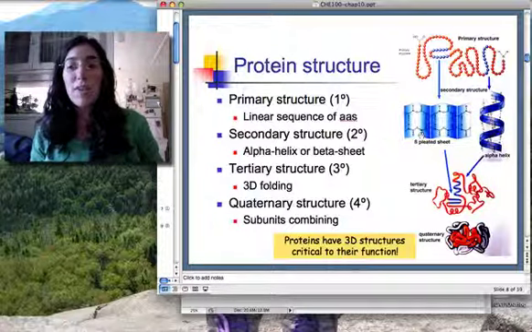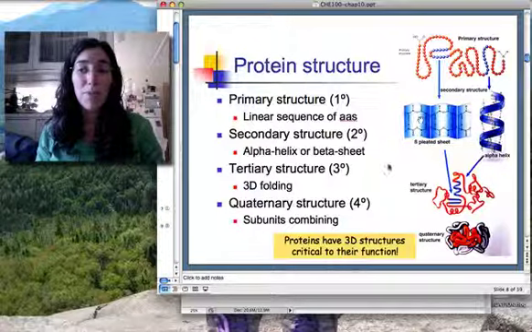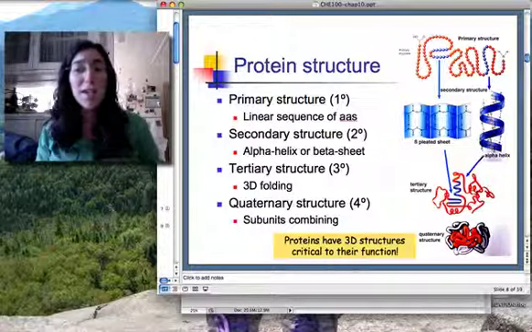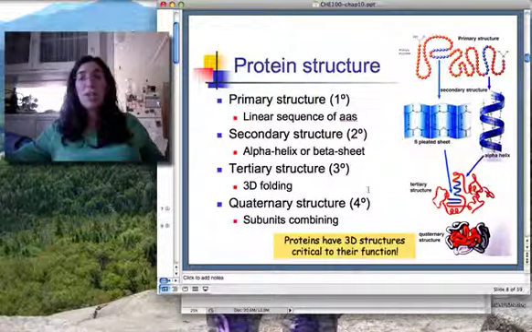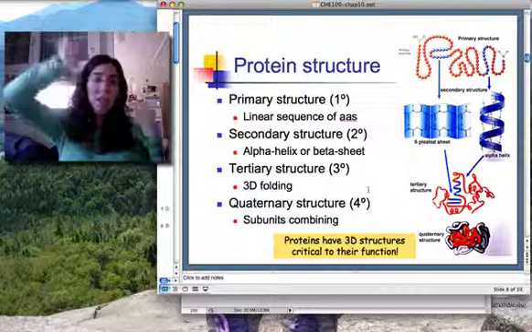So those are the two different types of secondary structure, alpha helix or beta pleated sheet. So you have this big long chain of amino acids, some of it's coiled in a cord, some of it's folded back and forth on each other.